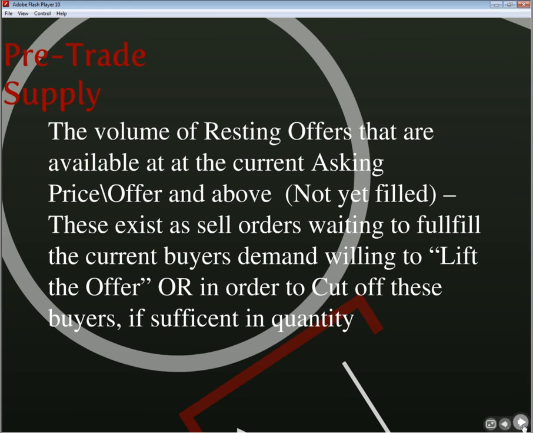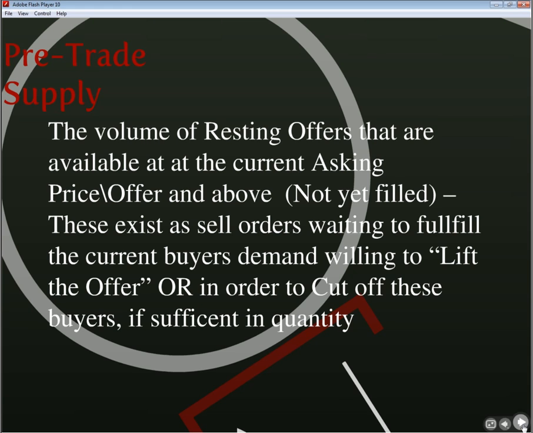Does everybody understand that? That's how it can cut off an initiating move towards the upside. So if we get into a level and the market cannot lift all the offers at that price, it will then down tick. If nobody's willing to lift those offers, if there's not enough demand, it will down tick and then start working the bid.